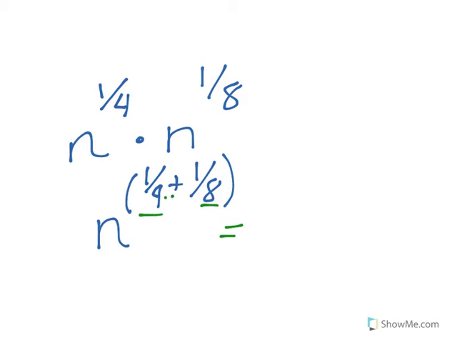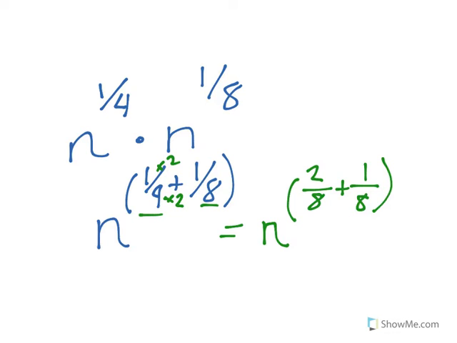So what I'm going to do is multiply 2 to top and bottom there, because that's the same as multiplying by 1. It doesn't change the answer. N to the 2 over 8 plus 1 over 8, which equals n to the 3/8. So you get the common denominator when you're adding the exponents together.